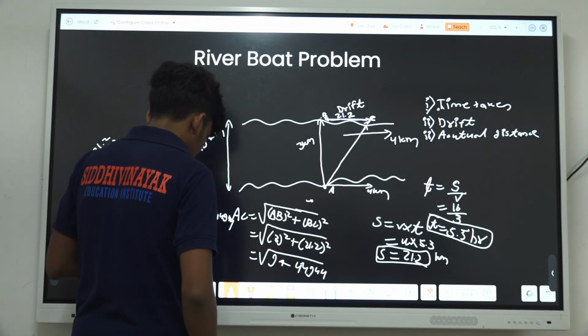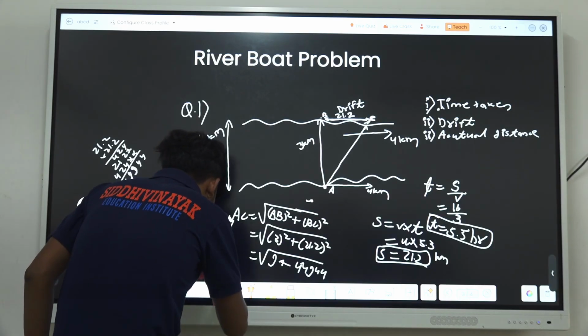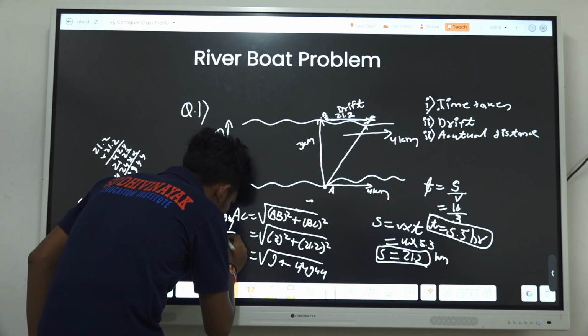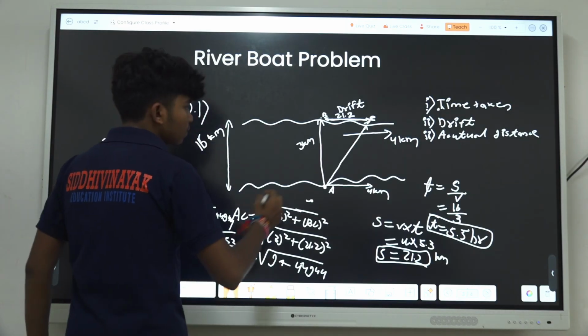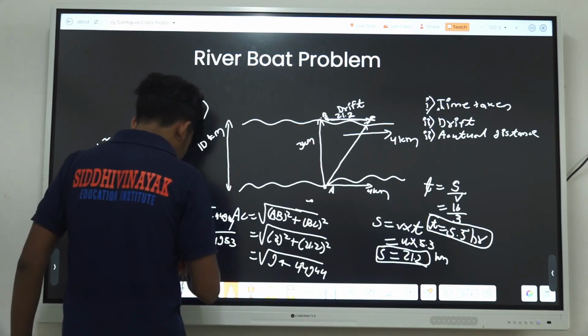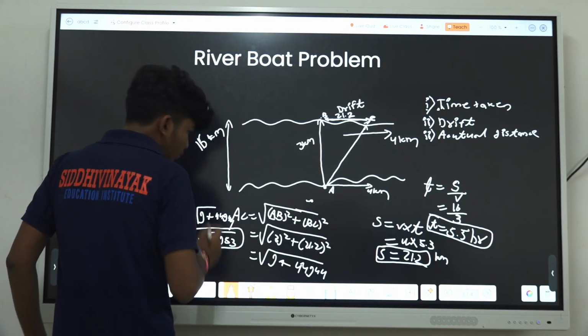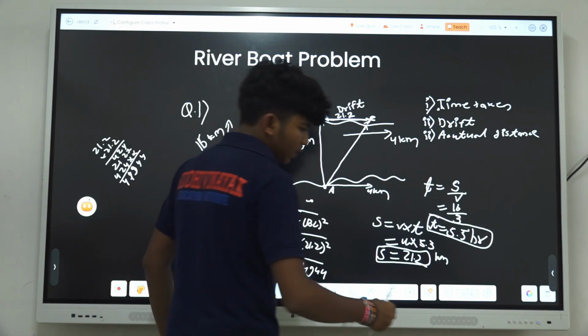This is our AC, the distance he has actually traveled. This way you can solve this problem. It's very easy. Now we will take the next problem.